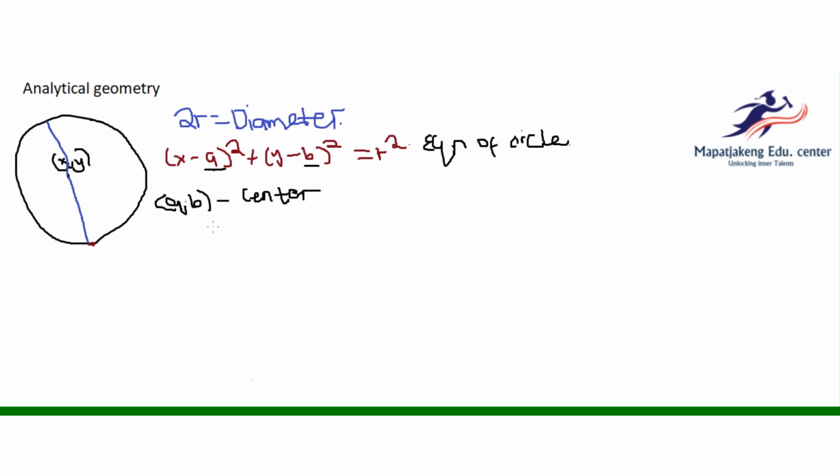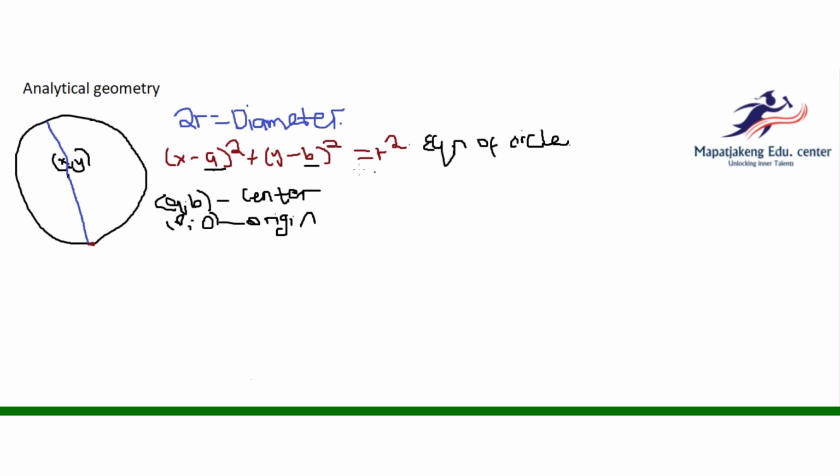The special case of the equation of a circle is when you have your center at the origin, meaning your a is 0 and your b is 0. You know what the origin point is on the Cartesian plane? The point (0, 0), the origin.